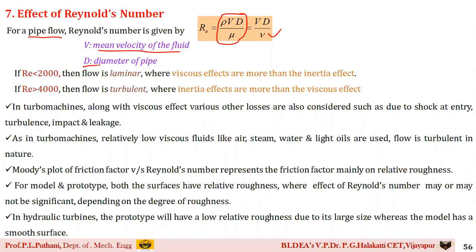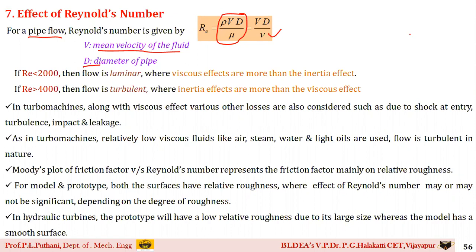So in very simple words, whenever the flow occurs through a pipe, we are very much interested to know whether it is a laminar flow or a turbulent flow. The Reynolds number is nothing but the ratio of the inertial force to the viscous force.